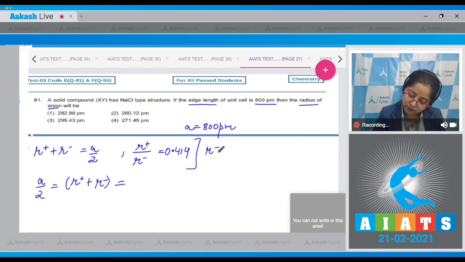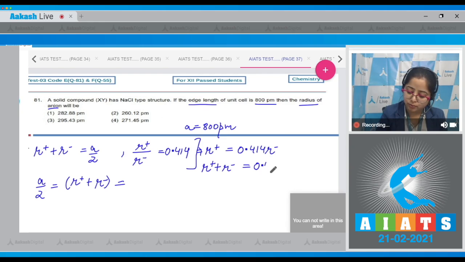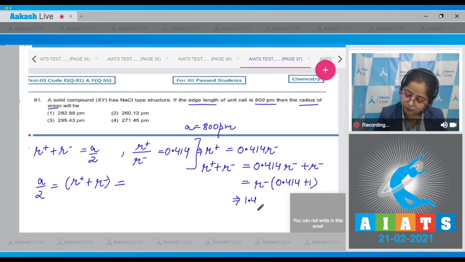So r plus is equals to 0.414 r minus. If I add r minus on both sides, r plus plus r minus is equals to 0.414 r minus plus r minus. Taking r minus common, it is equals to 0.414 plus 1, which is equals to 1.414 r minus.